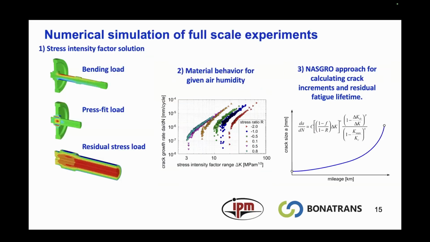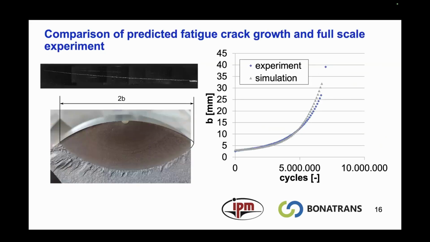We applied all our procedures and put in all parameters necessary for the calculation or estimation of lifetime. And here you can see the comparison between experimental values, the blue markings, and simulations. You can see that it corresponds very well.